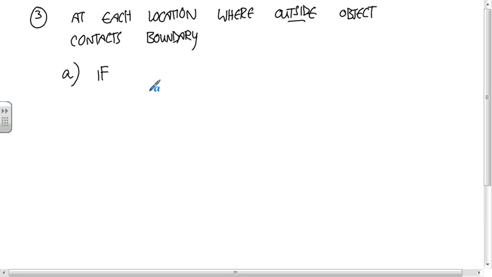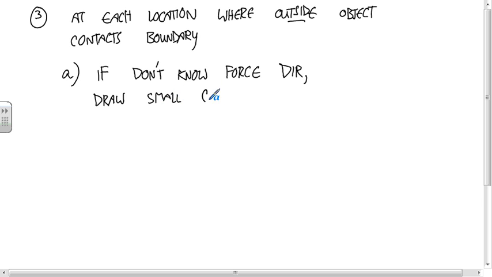You either know the direction of the force it's applying or you don't know it. Right now, we don't know the directions of any forces, so everything that we would do right now would fall into this first category. But if you don't know the direction of the force, draw a small coordinate system and label it using the subscript notation, that F A B notation.